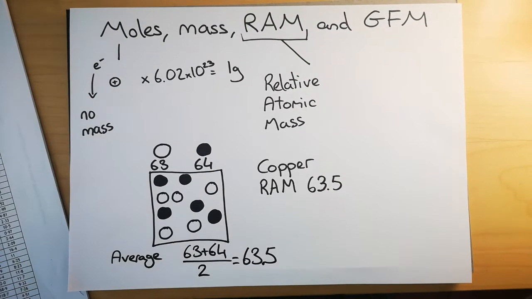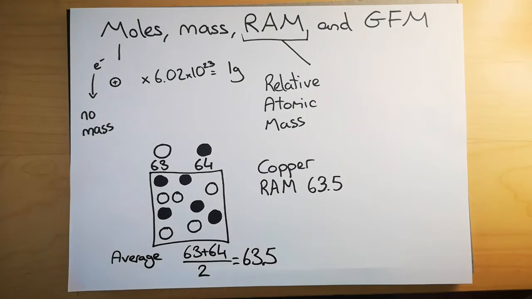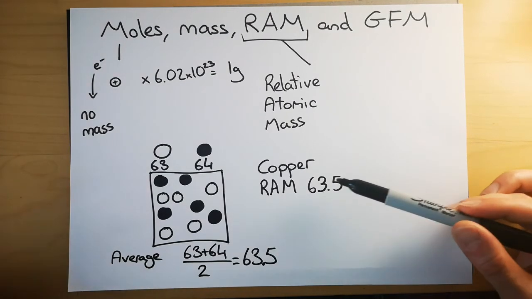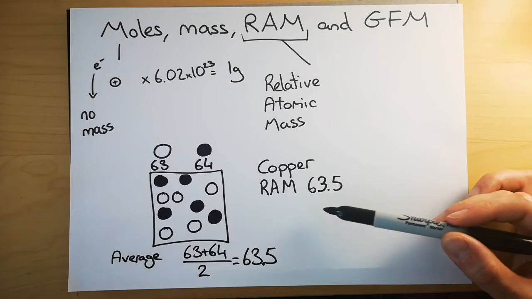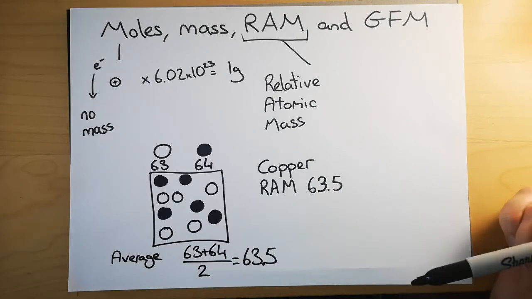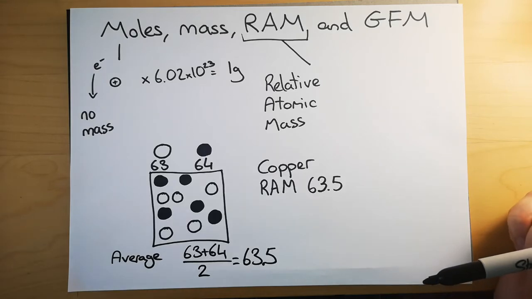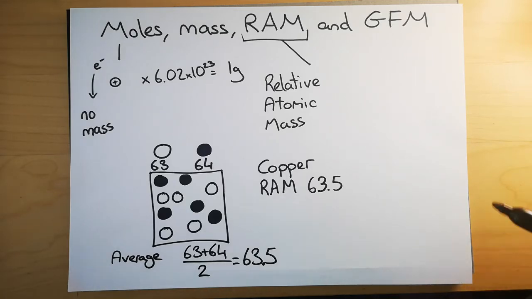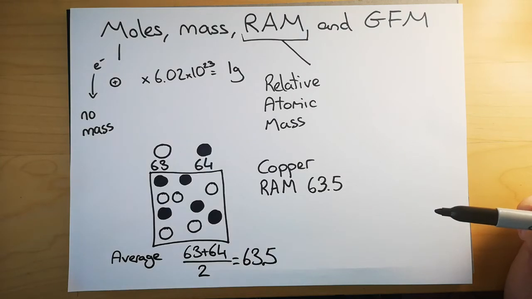Okay, so we took a look at copper specifically in that example, and what we've got with copper is a relative atomic mass that has a 0.5. Now, that doesn't mean that we've got half an atom somewhere. That is just not how we deal with chemistry or reality.